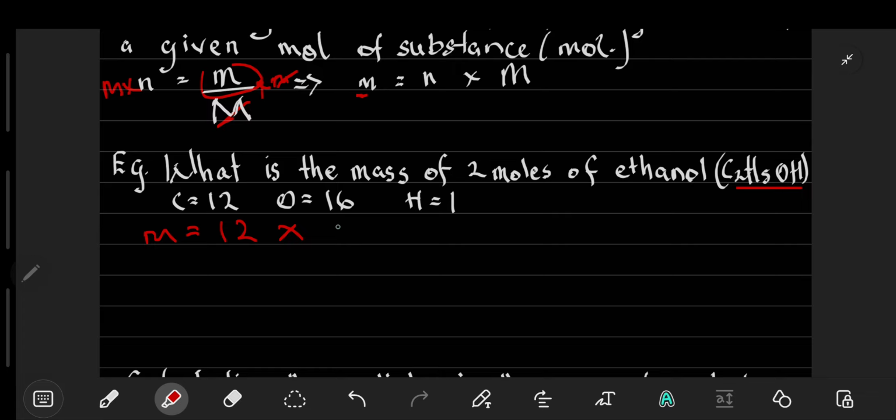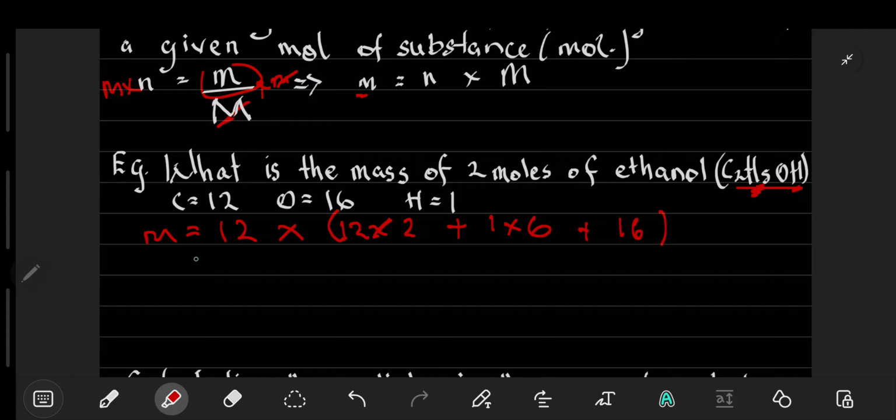So carbon is 12, where we have 2 carbon atoms. Hydrogen is 1, but then we have 6 hydrogen atoms. There is 5 here, and then there is another one here. So that would give us 6. Then we have 1 oxygen atom, which is 16.